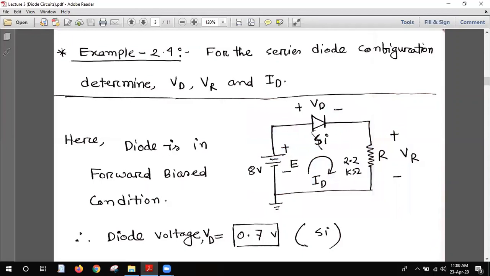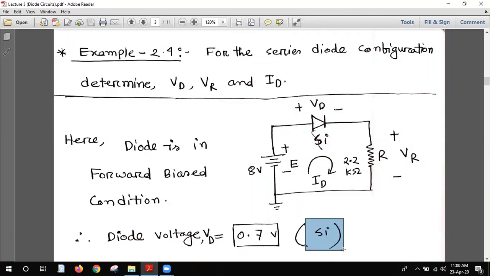The input voltage equals the summation of the voltage drops of the different loads. As this is forward biased, the voltage across the silicon diode will be 0.7 volt, that is the barrier potential. So the diode voltage VD equals 0.7 volt as it is silicon.